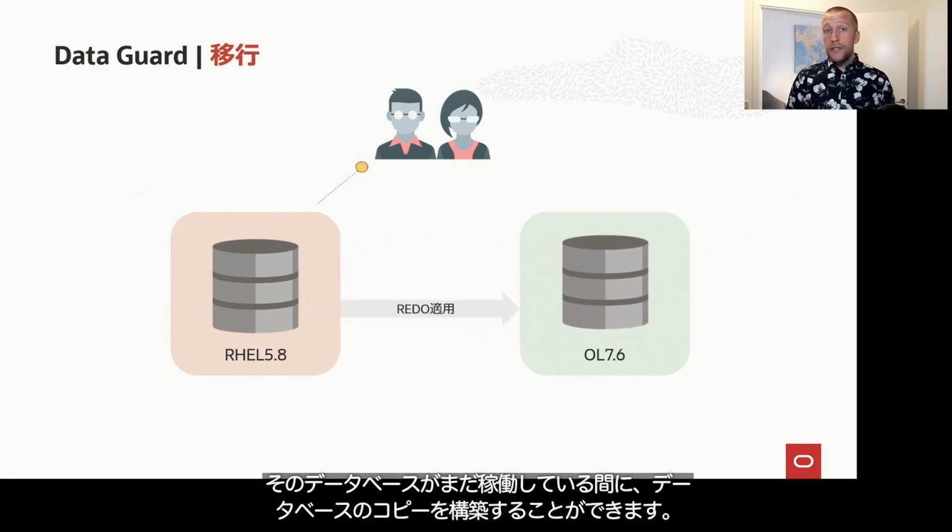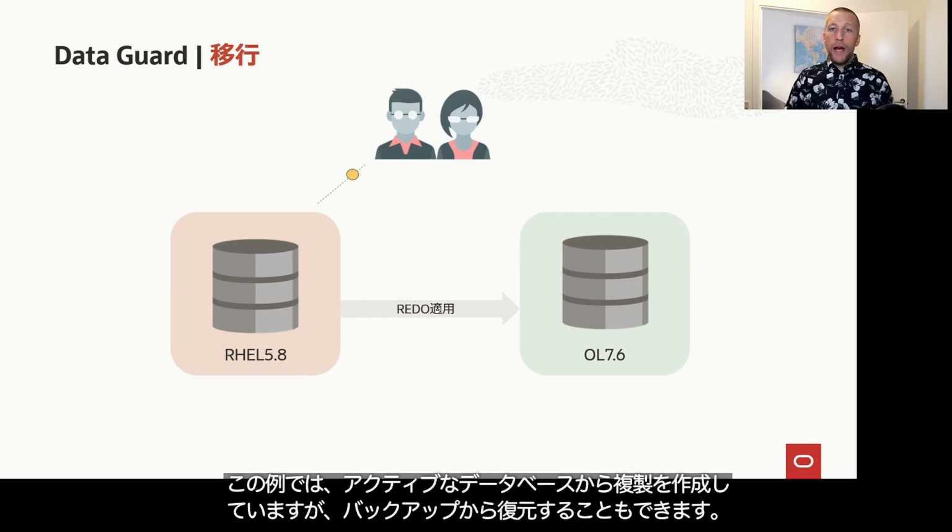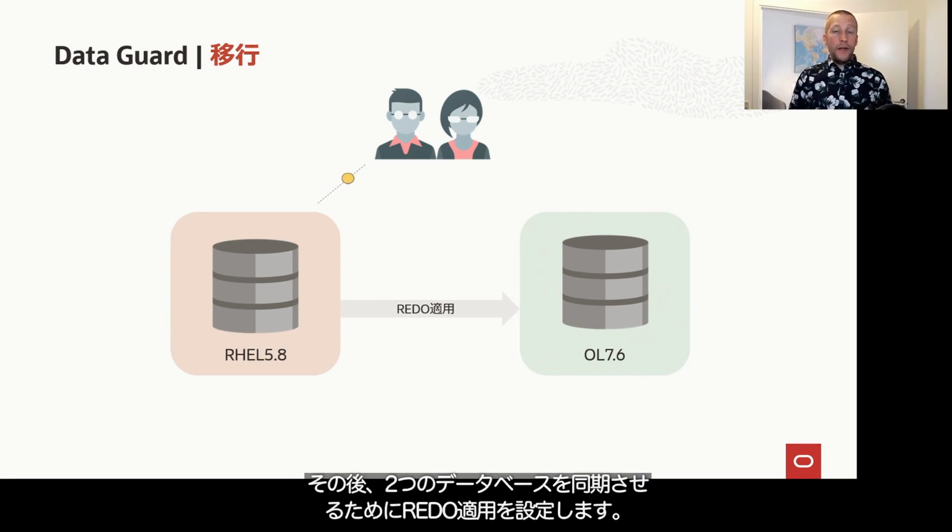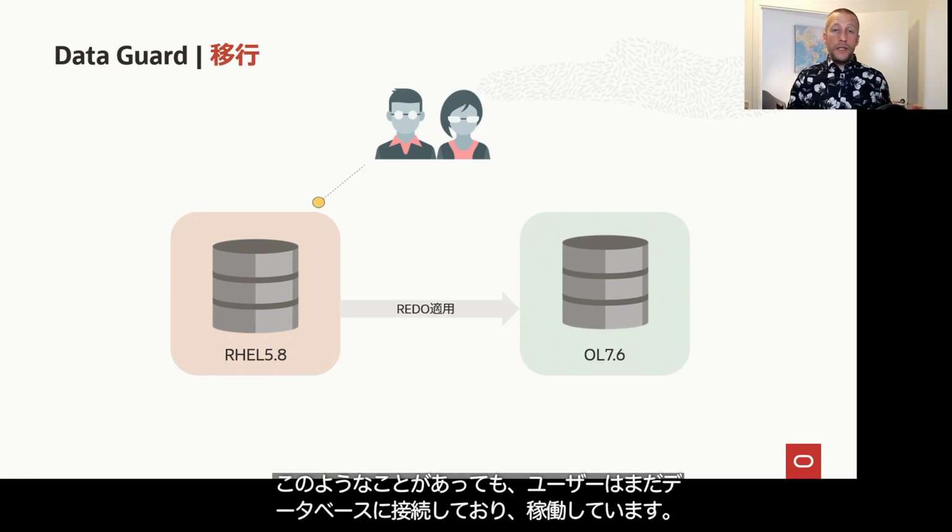While the database is still up and running, you can build a copy of the database. In this example, I'm doing a duplicate from the active database, but you could also restore from a backup. After that, you configure redo apply to keep the two databases in sync. While all this has happened, the users are still connected to the database and it's still up and running.